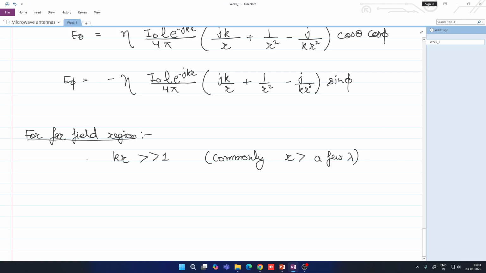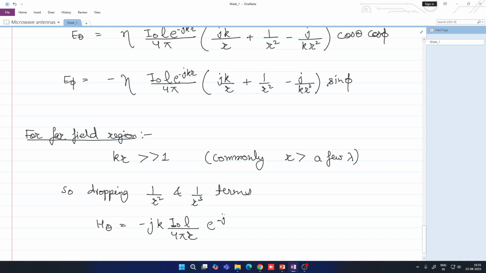So we will drop the 1 by r square and 1 by r cube terms. From that we will get H theta is equal to minus j k I naught L divided by 4 pi r e to the power minus j k r sin phi.